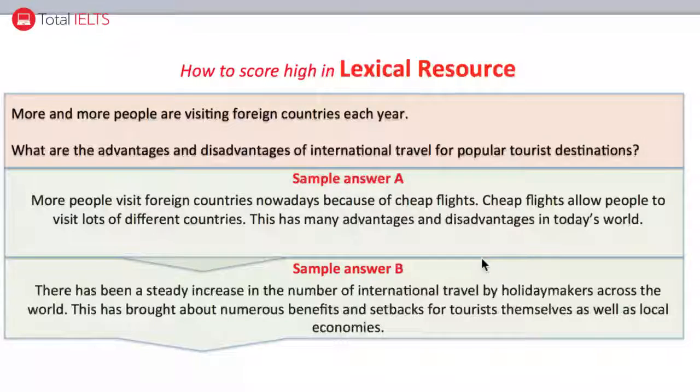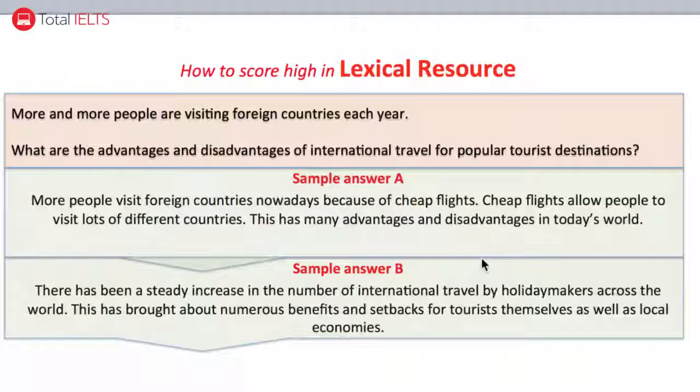People, foreign countries. What else? Advantages and disadvantages. So that's all taken from the question. And that's why you need to use synonyms, okay? Different words with the same meaning. So instead of advantages and disadvantages, this candidate could have used pros and cons, perhaps.